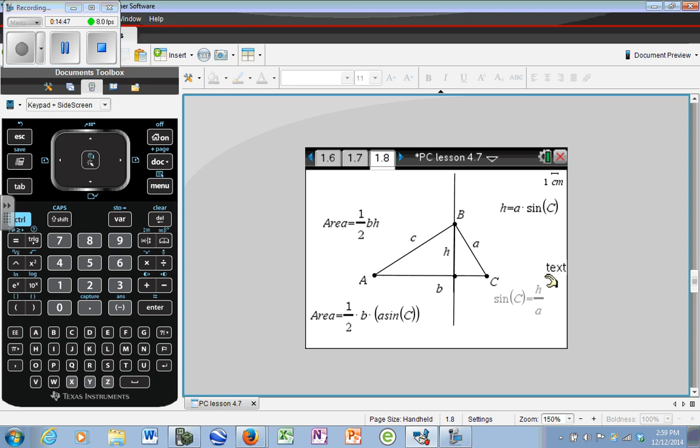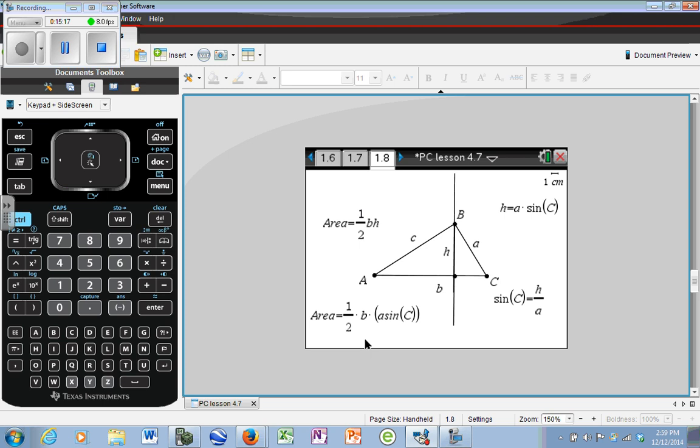Then you rearrange the parts and solve for h like this. h would equal a times the sine of C. And then you go back to the original formula here and you replace that h with a sine C, and you get this thing down here. And so you notice you got that b a sine of C thing that you have in those formulas, (1/2) a b sine of C.